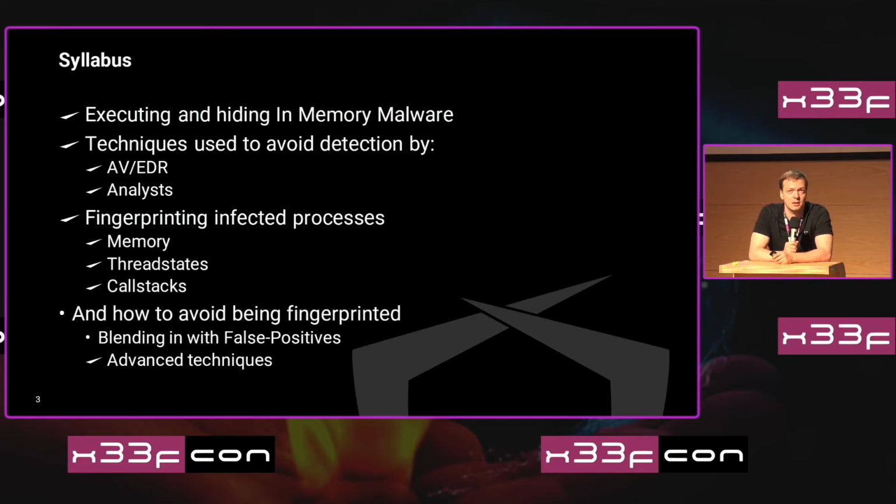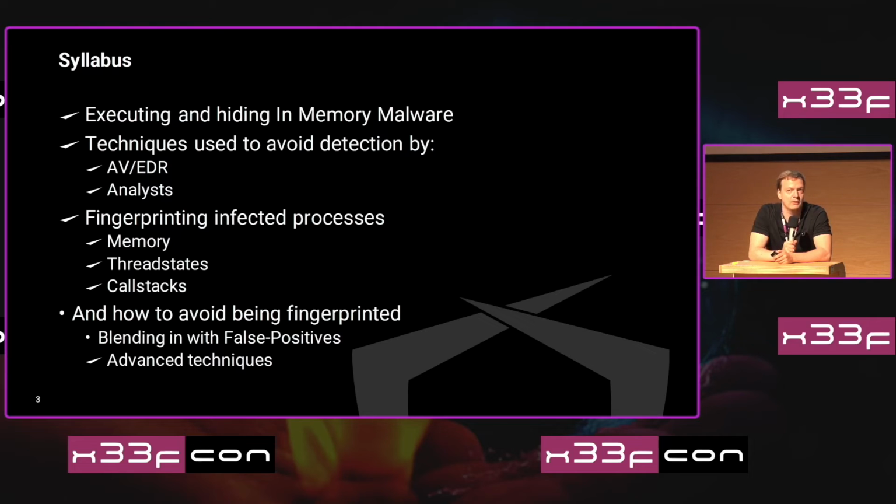This talk is about the execution and the hiding of malware in the context of another process. We will be taking a look at techniques which are typically used by adversaries to avoid detection, either by security products or by analysts who are manually taking a look at processes which might be infected.